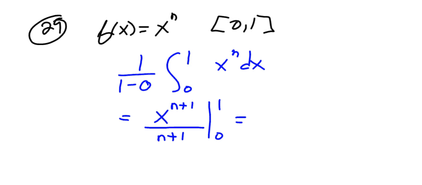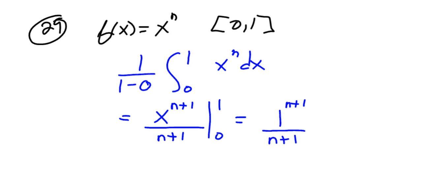And from here, I can see when I plug in 1 for the exponent, I'm sorry, not for the exponent, for x, it should be 1 to the n plus 1 over n plus 1. And 0 would make it 0, so I don't even need to do that second part of the FTC part 2.